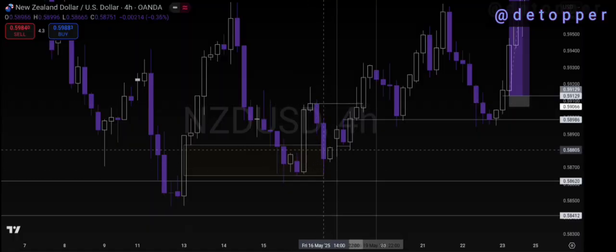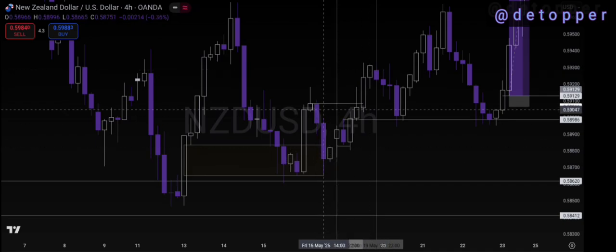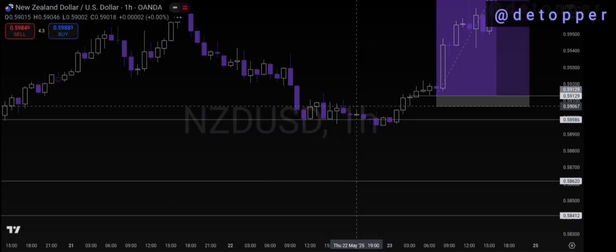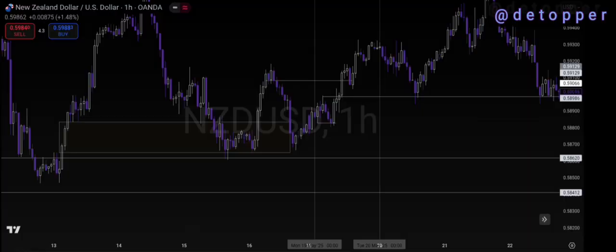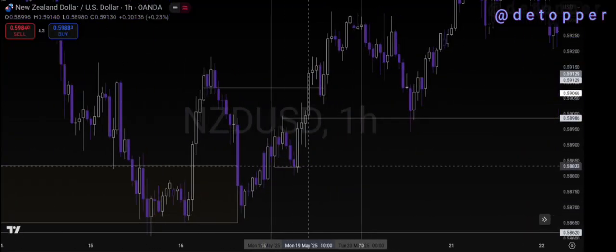You can see how price respected this fair value gap. So price traded above, we have a change in state of delivery. On the 1 hour time frame, there it is, beautiful. You could see right here, this was a sweep.